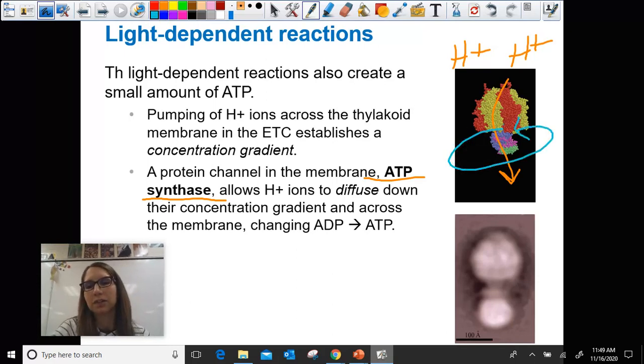And as a result, that spinning is what we use to add a phosphate to ADP. That's not a D. ADP to make ATP. Then that ATP, like NADPH, also functions as an energy carrier and will take energy from this first stage, light dependent, to the second stage, light independent.